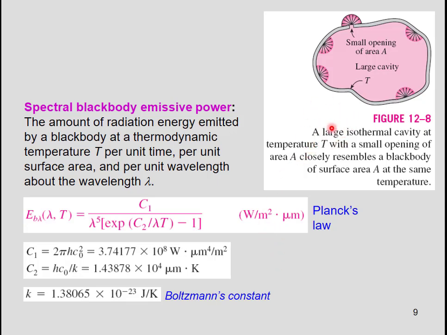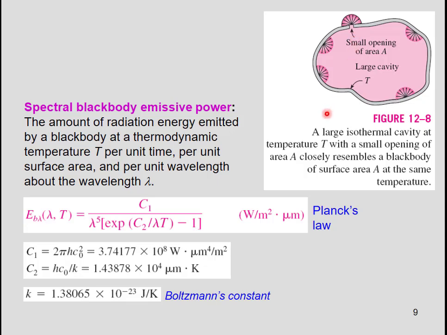And one more thing about our assumption about this black body. Most of the objects we are dealing with are such a kind of cavity, a large enough isothermal cavity at a temperature of T, with a small opening of area like what we have here.